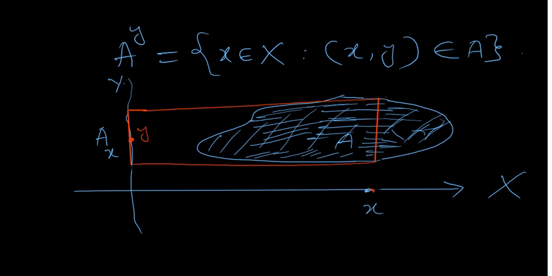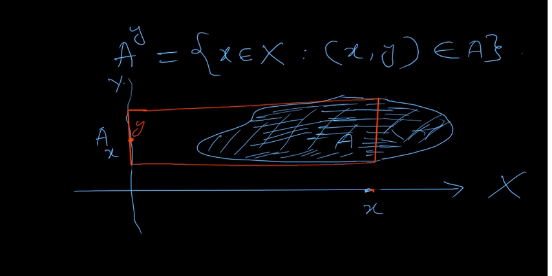Then you have to draw the horizontal line here, and check the intersection of this horizontal line with the subset A of x cross y, which is Ay. This is the point y here.